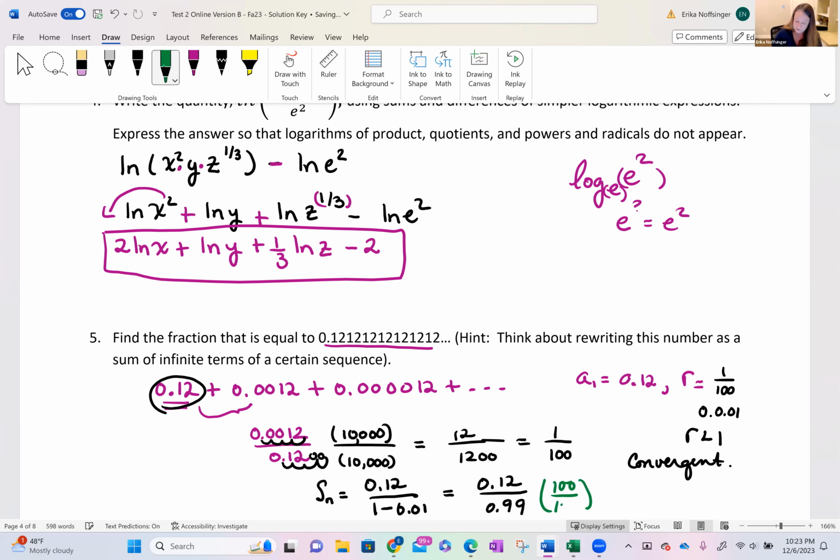So if we multiply both numerator and denominator by 100, so multiplying by a fancy 1, we have 12 over 99. Let's reduce that down. They both have 3 in common, so 3 goes into 12 4 times, and 3 goes into 99 33 times. And so we have 4 divided by 33 should give us that fraction of 0.1212, where 1, 2 is repeating itself infinitely. And checking it, it works.